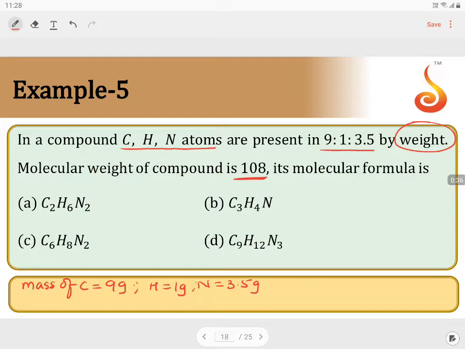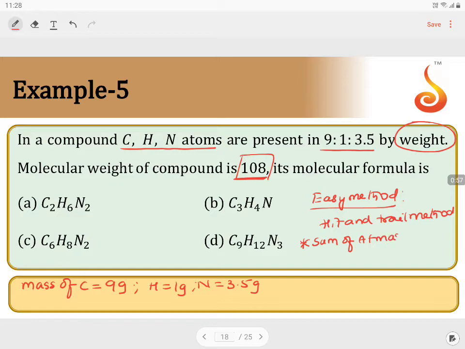What is the easy method to find this particular one? Already I told you, the easy method to find this particular problem is the hit and trial method. What is the hit and trial method? Sum of the atomic masses of all atoms in the formula equals 108 is obeyed by which formula in the four options?